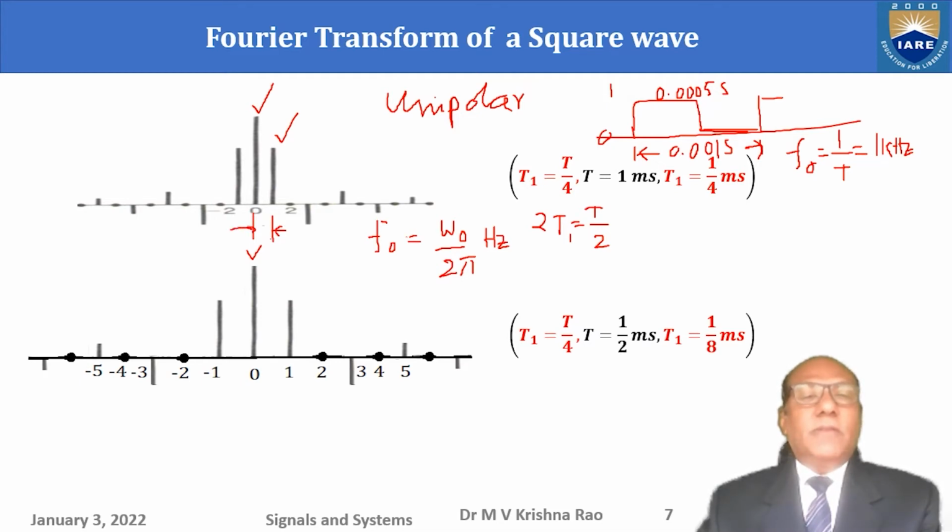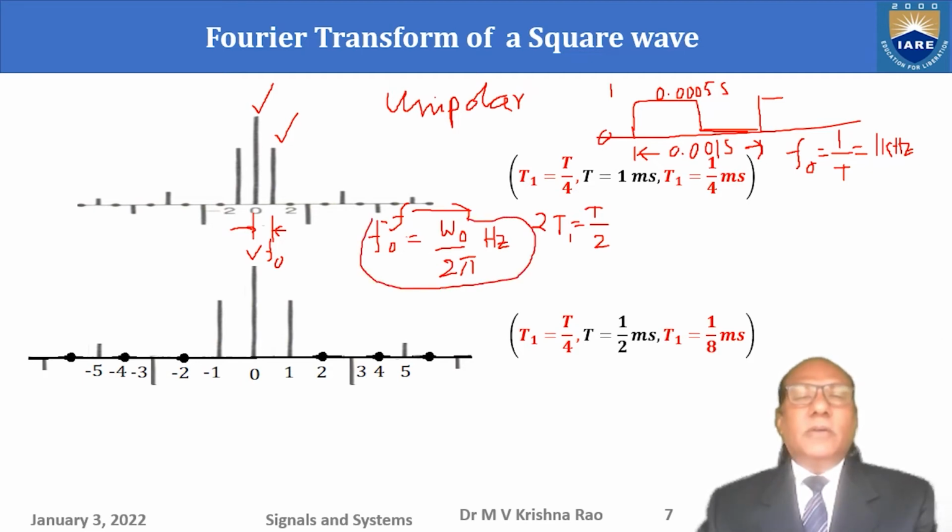This is F0. So this axis is the linear frequency axis, and F0 is 1 kilohertz for us in this case.